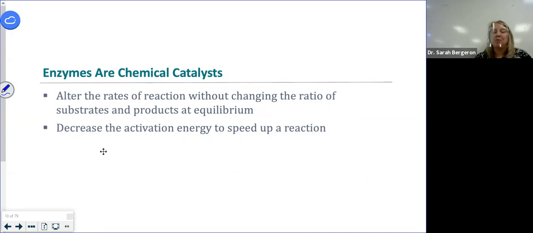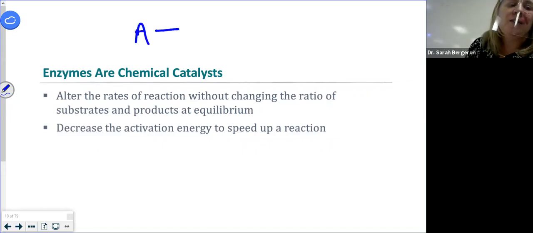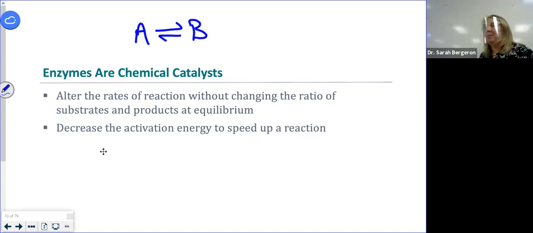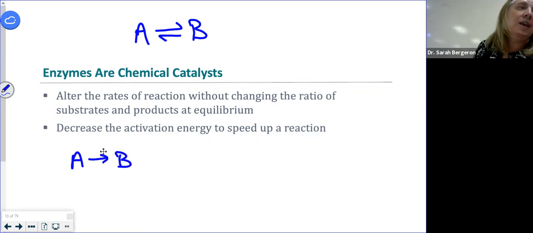will not change the ratio of substrates and products at equilibrium. What does that mean? If you have something that is A going to B, this is my general reaction that is going to be enzyme catalyzed. That means that the enzyme can increase A going to B. We can increase this rate.